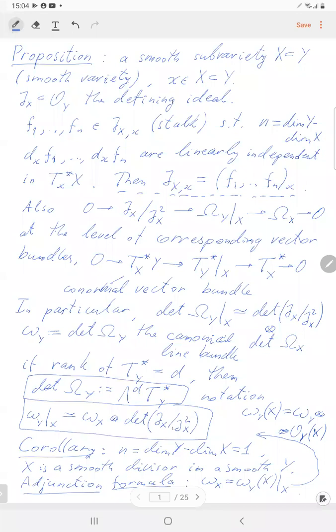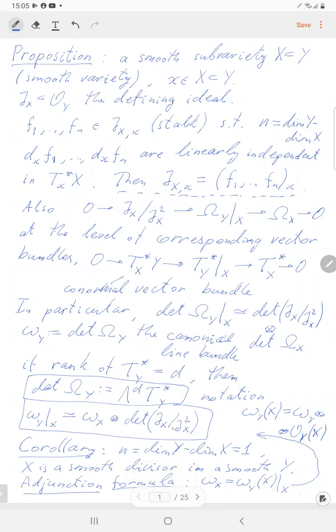Because a point has dimension 0, but the ambient variety was n-dimensional, and if you take the fiber of its cotangent bundle at this point, it's still an n-dimensional vector space, right? So it's much bigger. The rank of the cotangent bundle is equal to the dimension of your variety. But when you restrict, you just get the same dimensional vector bundle, just restricted to this subvariety.